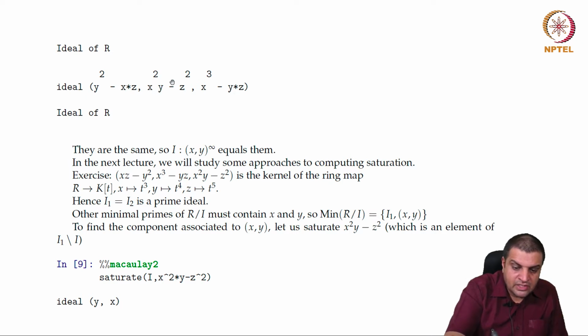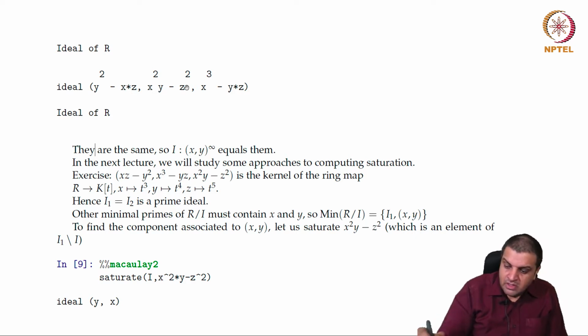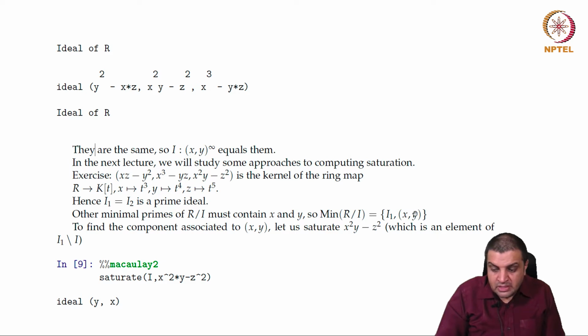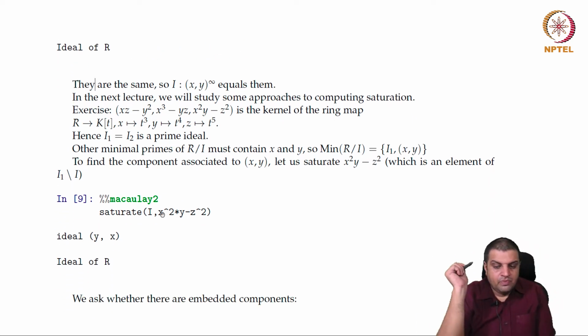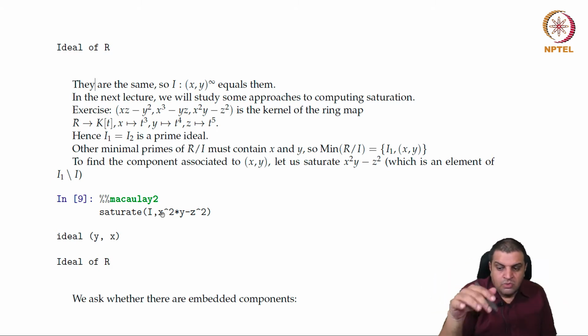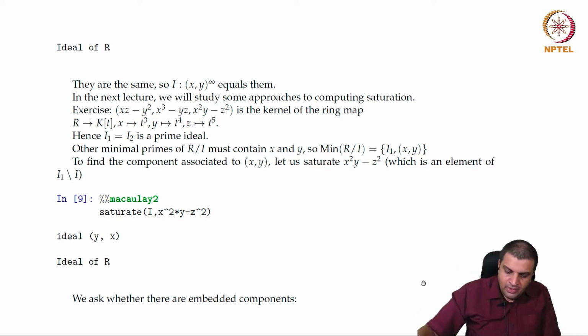Notice that x squared y minus z squared is not in this ideal. So if you saturate I with respect to this element, we would pick out the component corresponding to (x, y), and it just says (x, y).